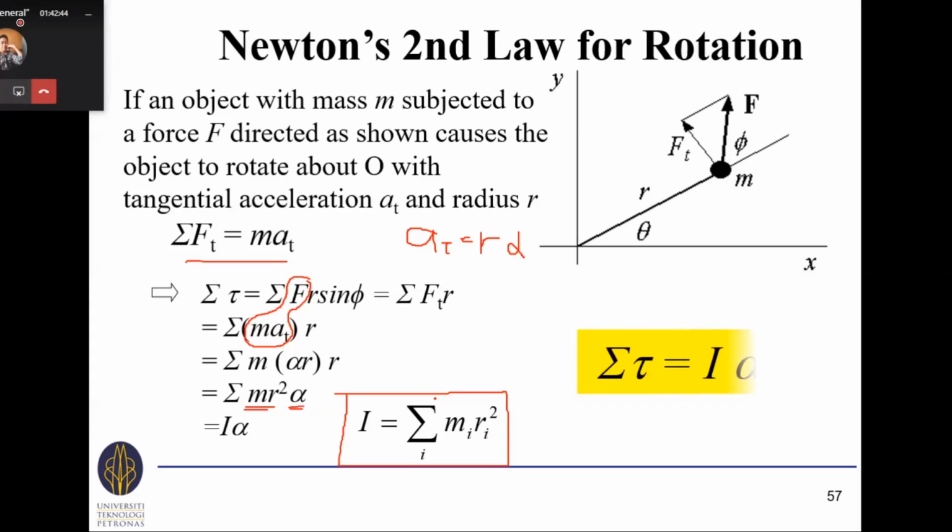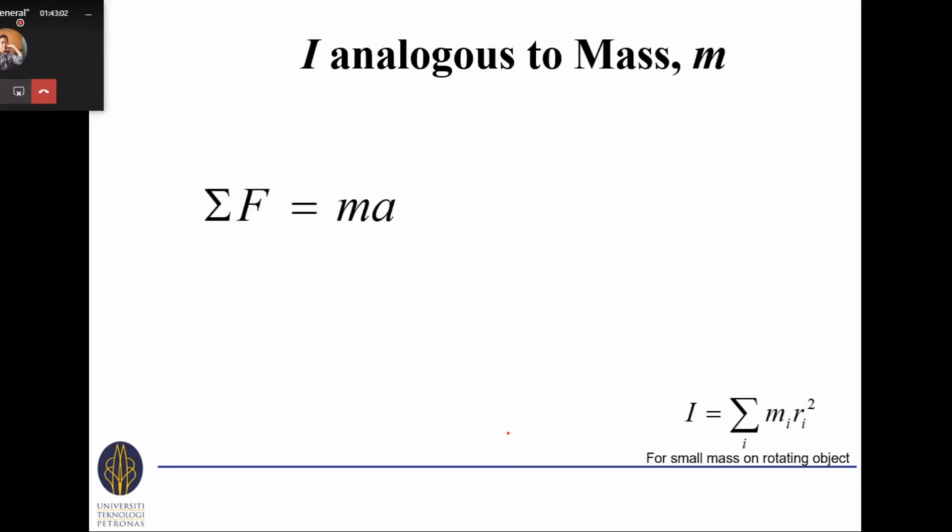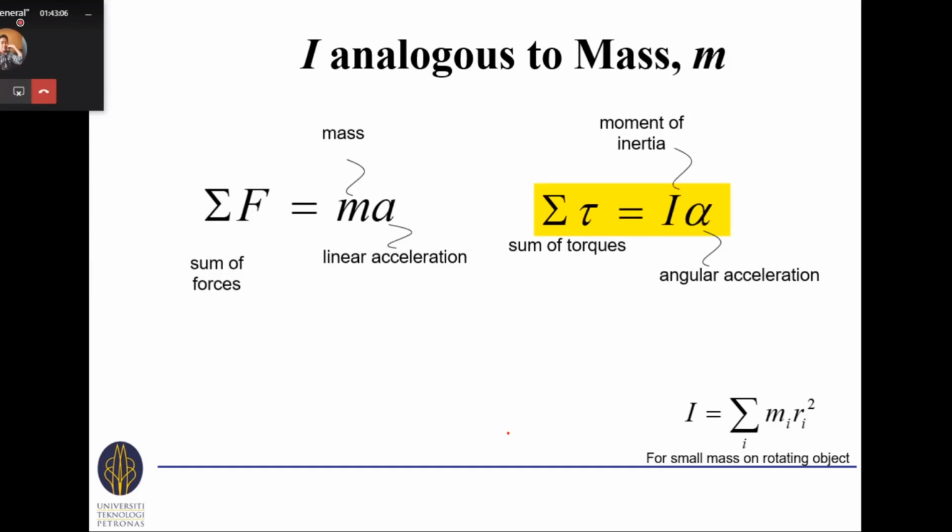So I equals to the moment of inertia. The sum of torque is referring to this equation, summation of torque equals to I alpha. I is what you call moment of inertia, defined by m r square for a very small object.